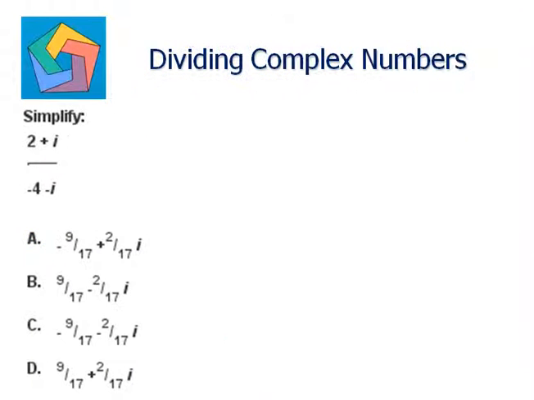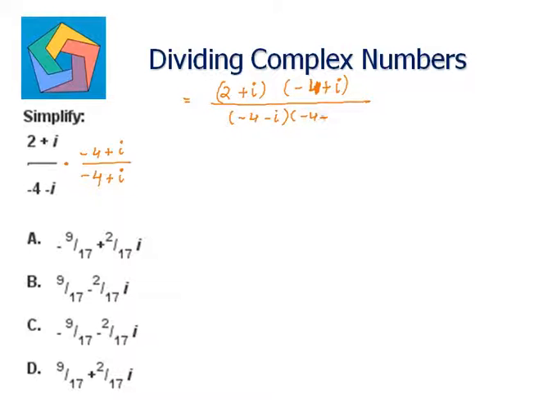Next problem, simplify (2 + i) over (-4 - i). So we multiply with (-4 + i) over (-4 + i). So this is equal to (2 + i) times (-4 + i) over (-4 - i) times (-4 + i).